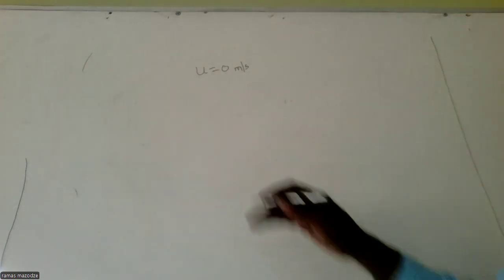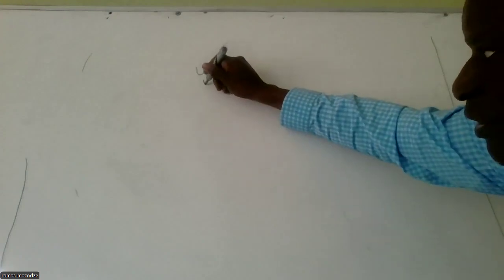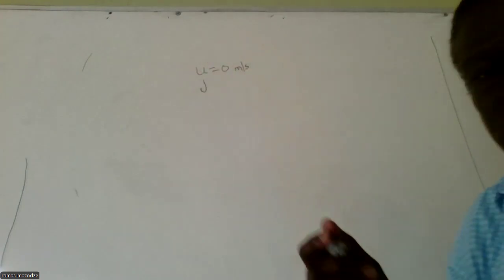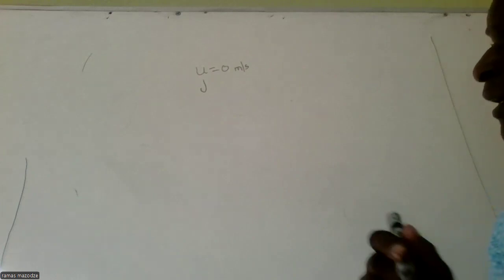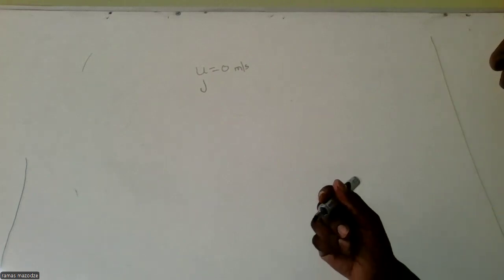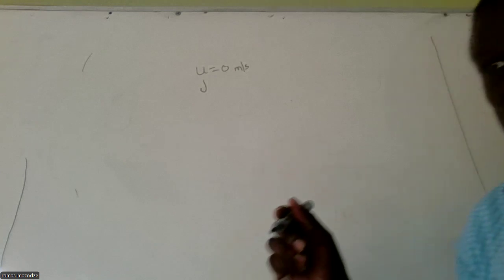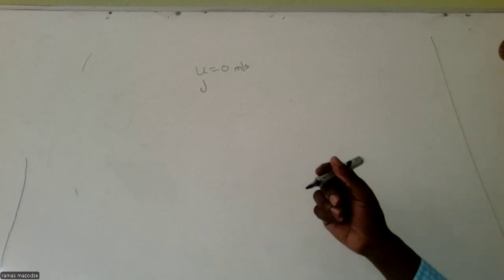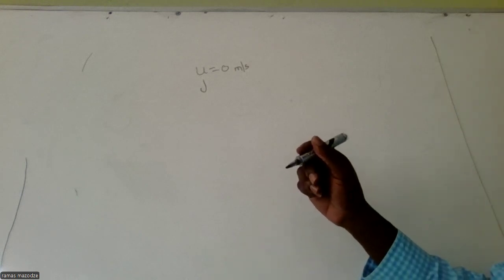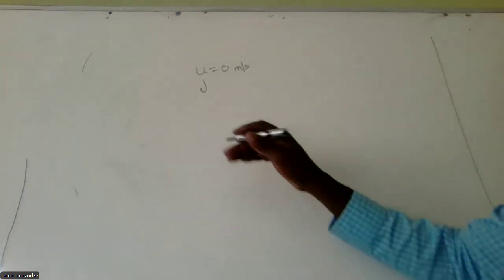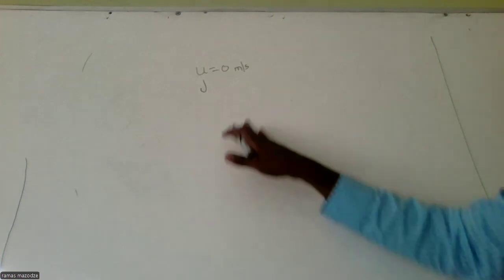An impulse J acts on the object, and it is said that an impulse of magnitude J acts on the object, and the object accelerates uniformly.